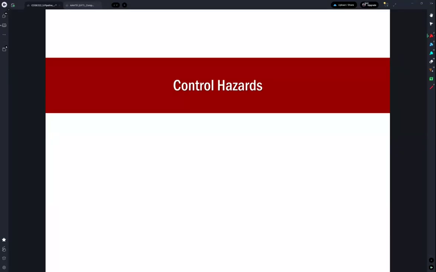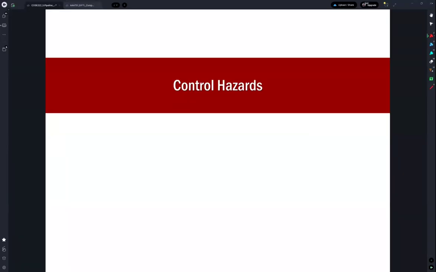But if the previous instruction is a load instruction and the very next instruction requires its result, we cannot forward the data. In this case, we need to detect the data hazard using the hazard detection unit, and then we need to stall the pipeline. That's what we learned, right?